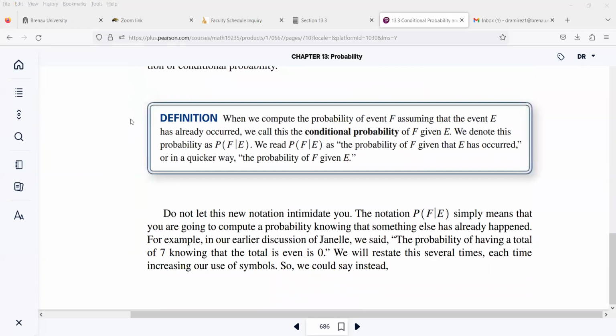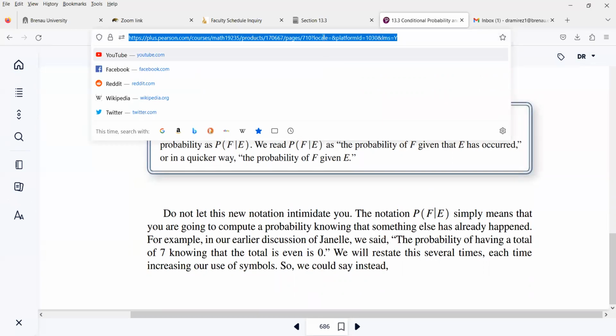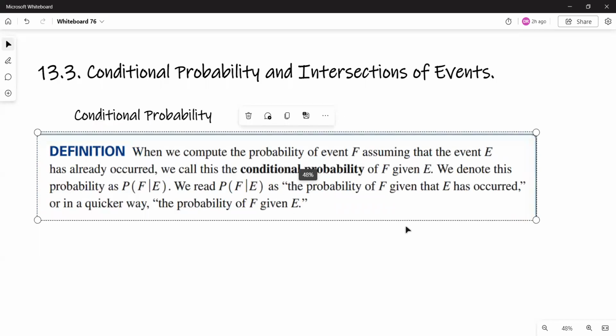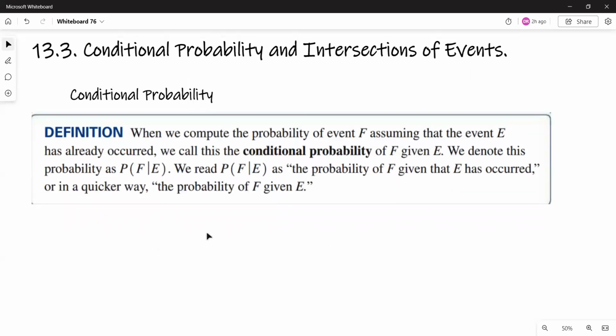Okay, so I'm going to copy this definition of conditional probability. Okay, so the notation.